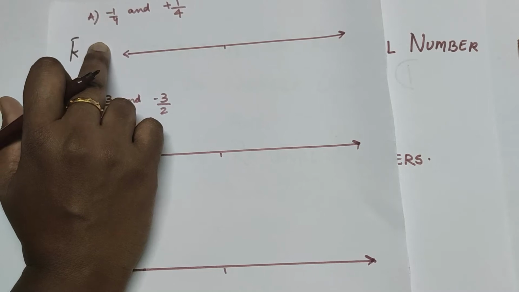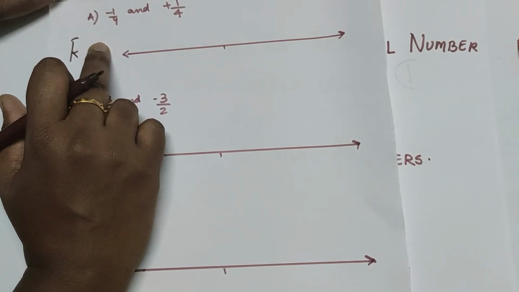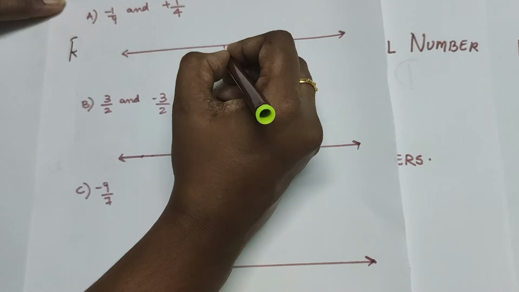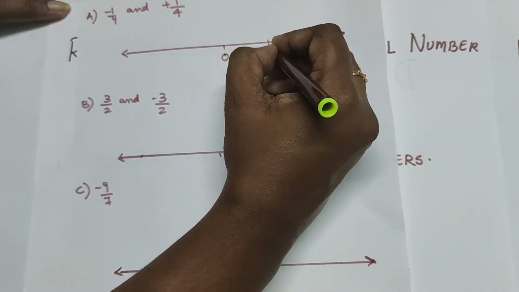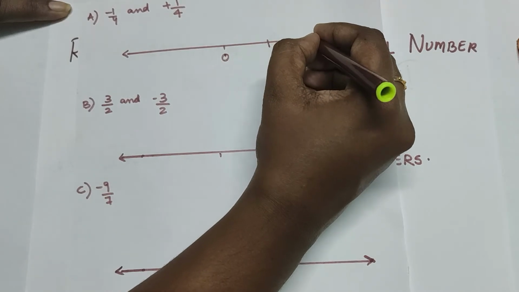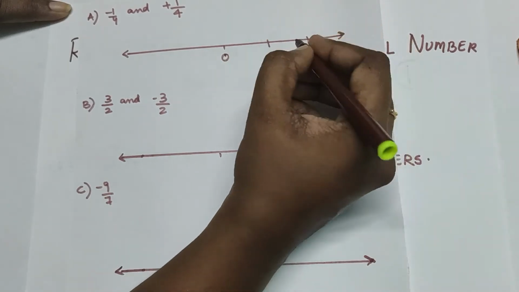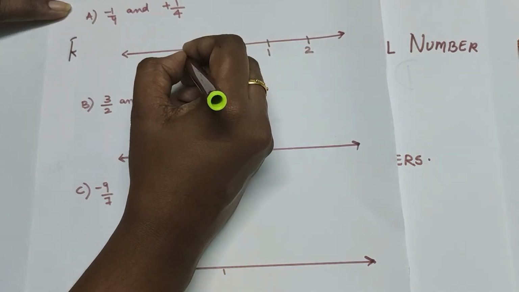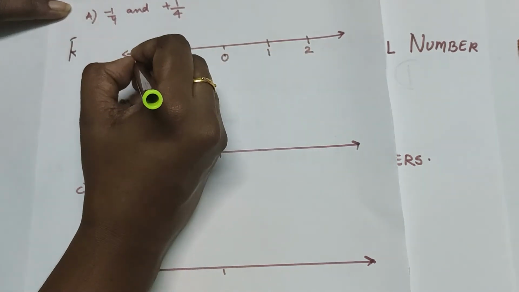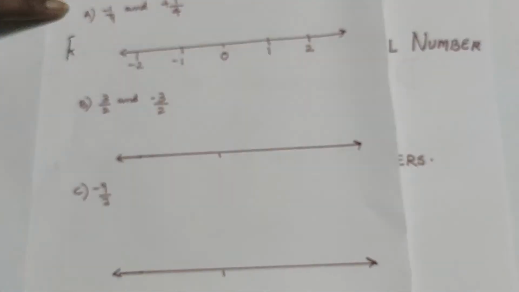To start with, we will draw the center of the line as 0, and equally we will mark on both sides like you do for normal numbers, +1, 2, similarly on the other side -1, -2, and so on.